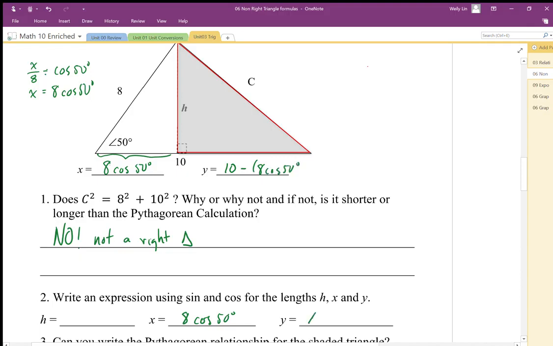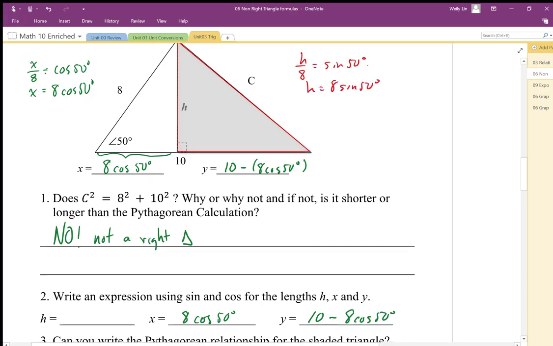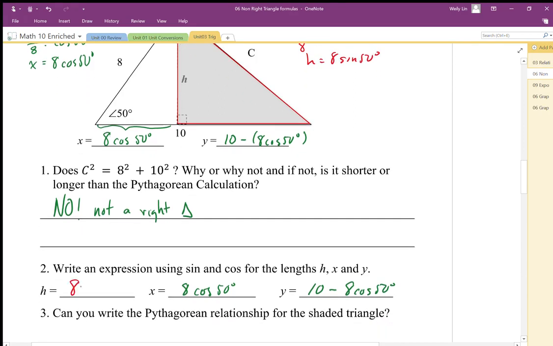So y is equal to 10 minus 8 cosine of 50 degrees. And then the h, we'll do this using the angle 50 degrees, as we did before. The height over the hypotenuse is equal to sine of 50 degrees. So the height is equal to 8 sine of 50 degrees.